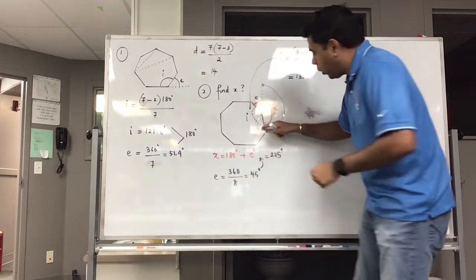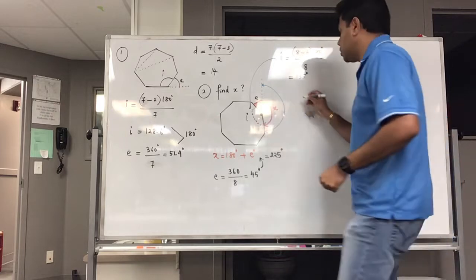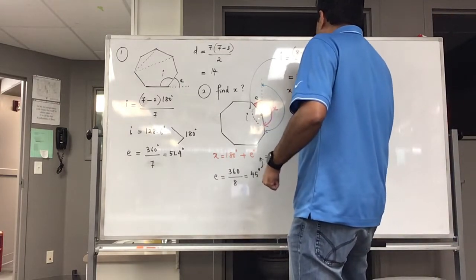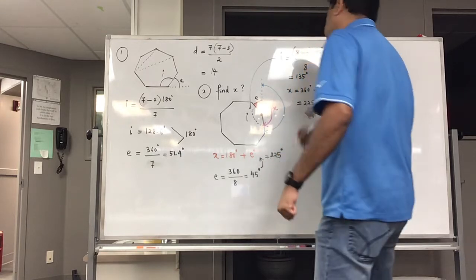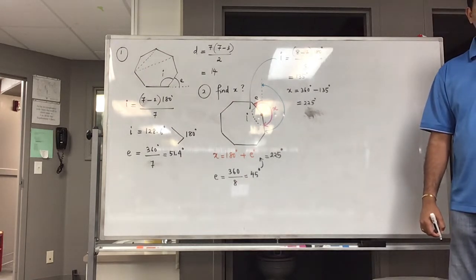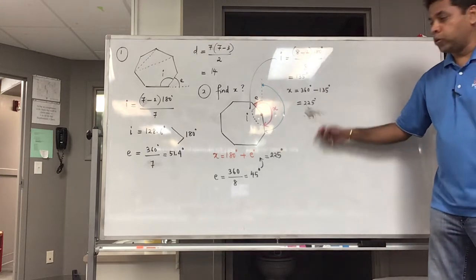If this is 135, this is the entire circle here, right? Which is 360. So x is equal to 360 minus 135, which is 225. Right? Many people do this method more than this.